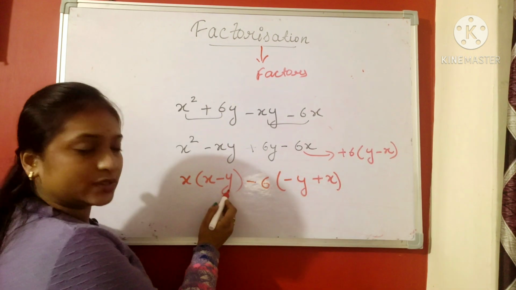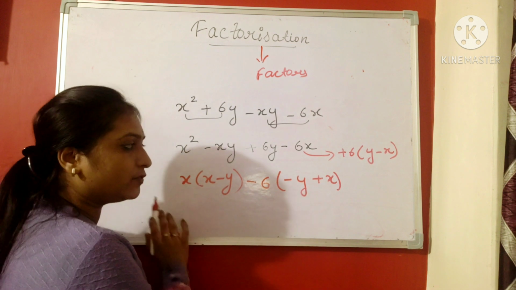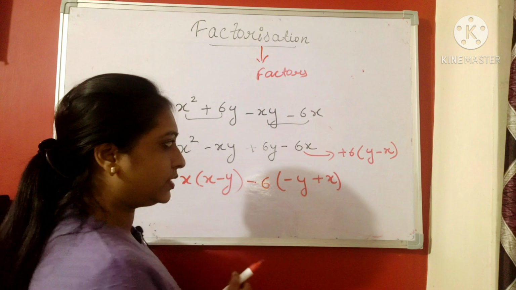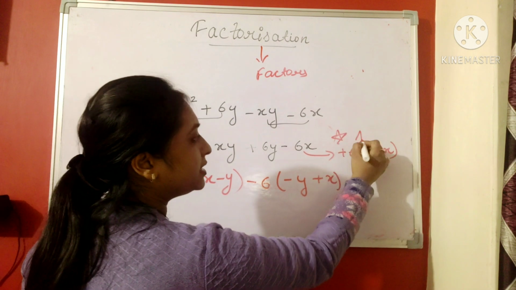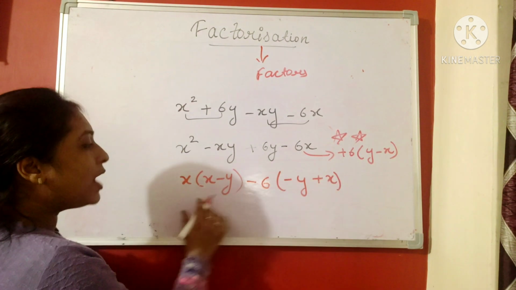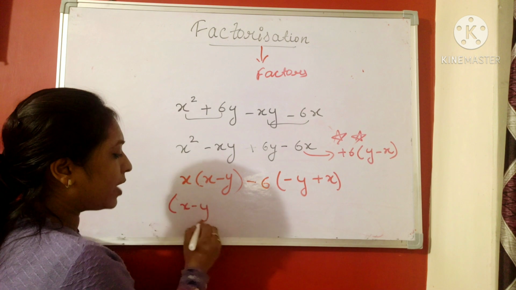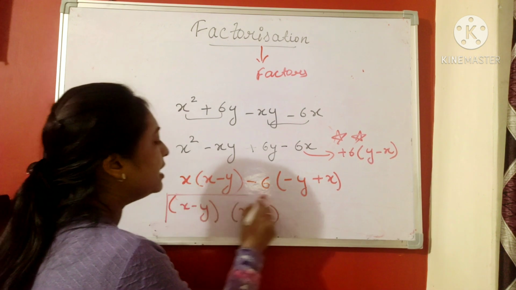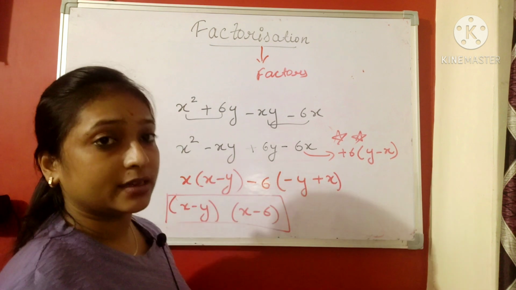We want x minus y, x positive, y negative. This can only come when we take minus 6 outside. So this point has to be taken care of. Now we can take x minus y out and x minus 6 will be left. So this will be our answer.